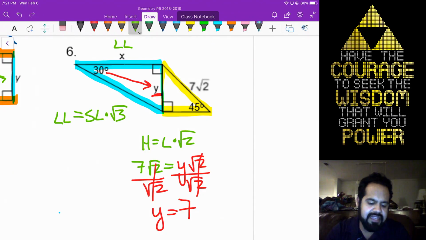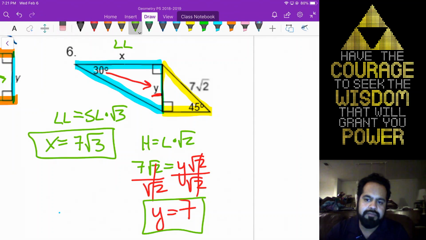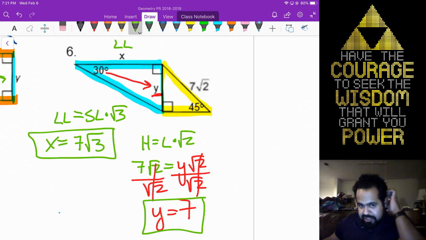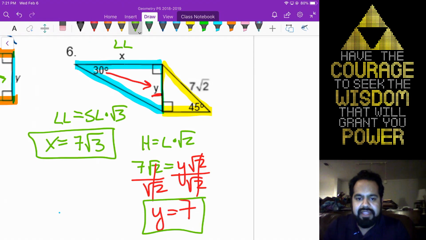I know that length now. Boom. X equals 7 rad 3. Yeah, it's just the ratio. It's just your formula. It's just knowing, hey, in a 30, 60, 90 triangle, what are my two relationships? In a 45, 45, 90 triangle, what is my relationship? It's just those two things.